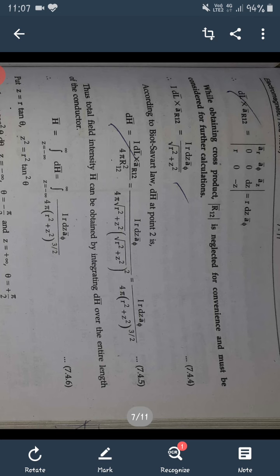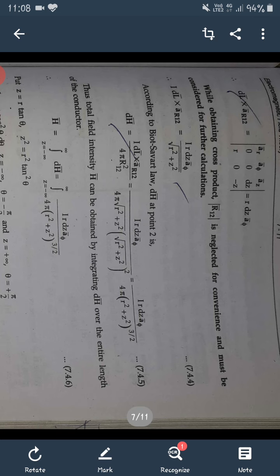Now according to Biot-Savart's law, the dH vector at point 2 is given by dH equal to I dl cross ar12 by 4 pi r12 square. So you get I r dz a phi divided by 4 pi times the square root of r square plus z square, whole square. R12 square is the square root of r square plus z square whole square. Therefore you get I r dz a phi by 4 pi times r square plus z square to the power 3 by 2.